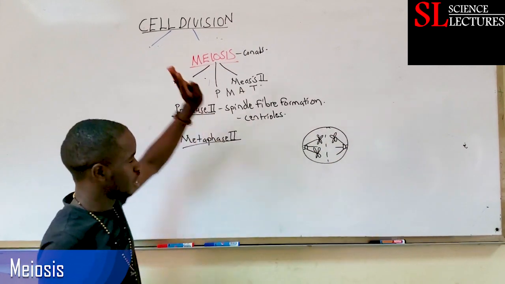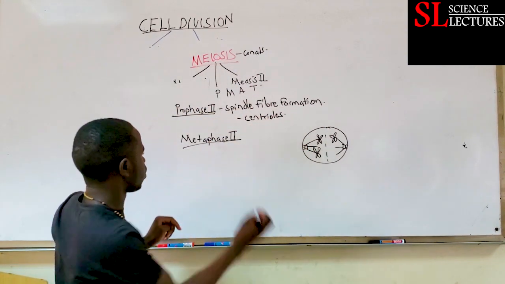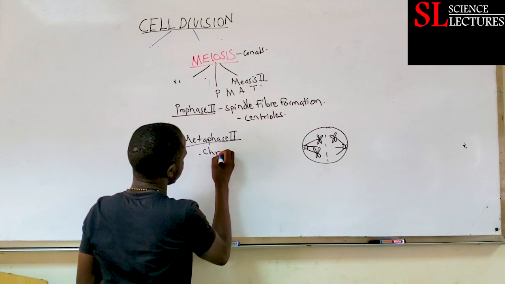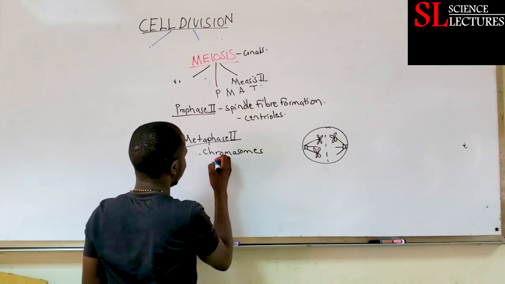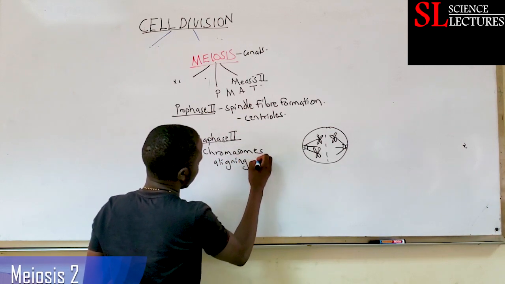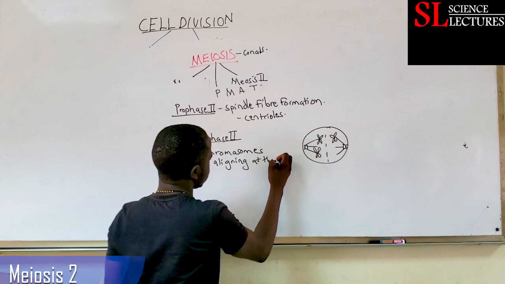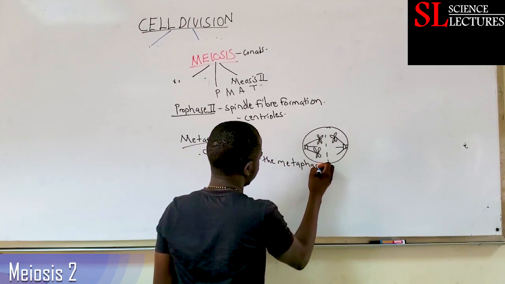Instead of having, as in meiosis 1 during metaphase 1, tetrads, here we have chromosomes aligning themselves at the metaphase plate.